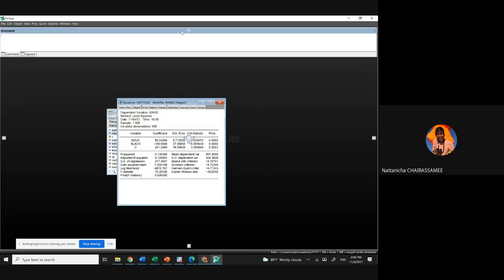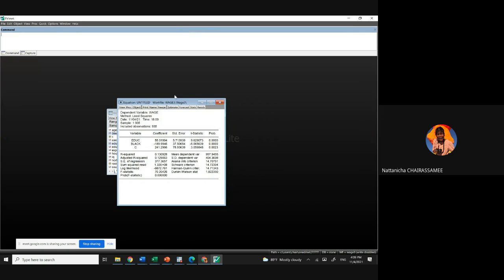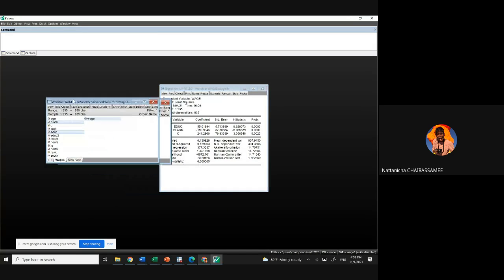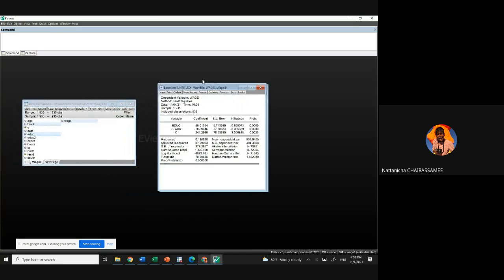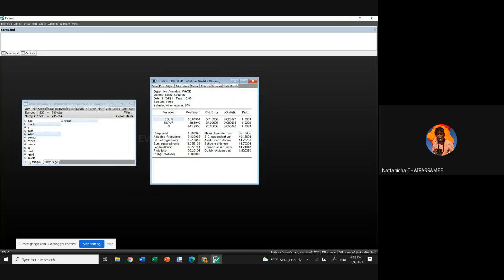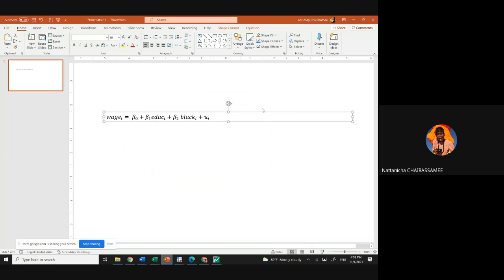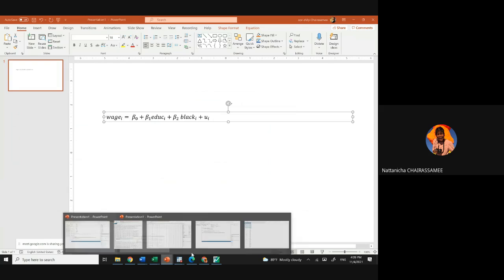This is your result, right? I would like you to answer my question. Interpret all of the coefficients that you have. You have two coefficients here, one for education and another for black. I will write it down here.